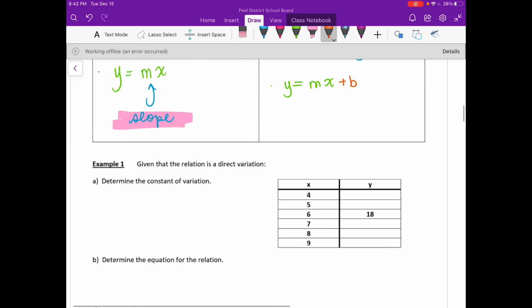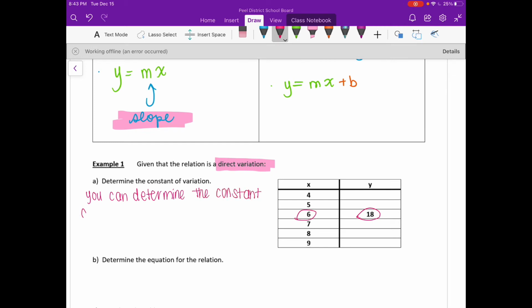So if we're given a relationship that is a direct variation, it's not going to have that b value. So we can just find out what the slope is by saying, okay, let's do y divided by x. So we can determine the constant of the variation, or the slope, by doing y divided by x.